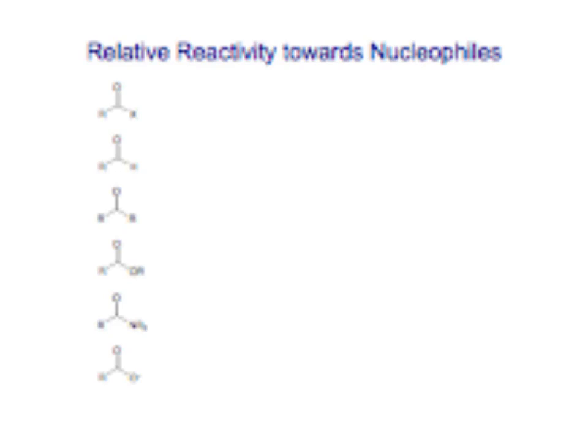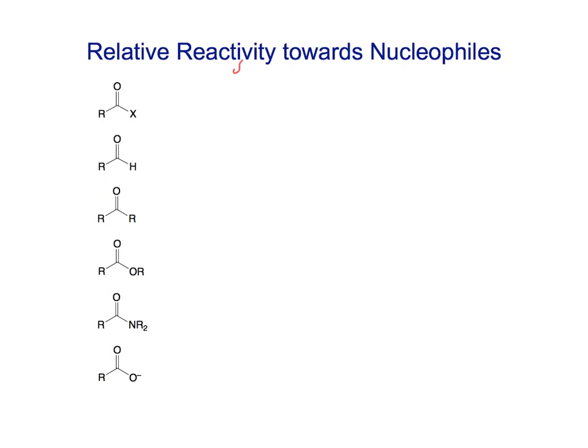So let's look first at the delta plus on the carbonyl carbon. All right, so I'm going to draw over here on the side. Let's go back to that Y group that I've been using as a generic one.